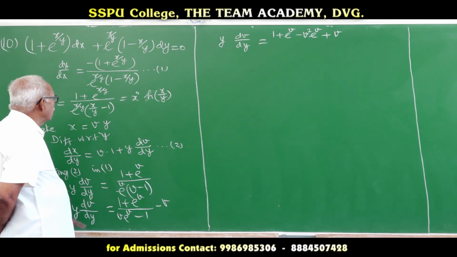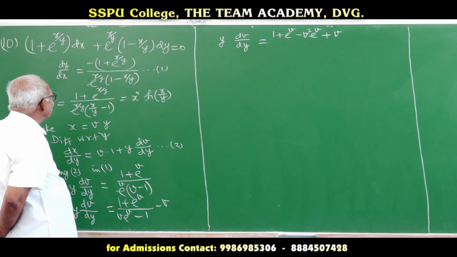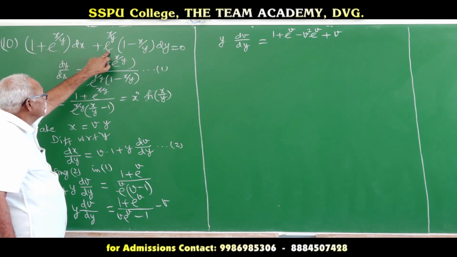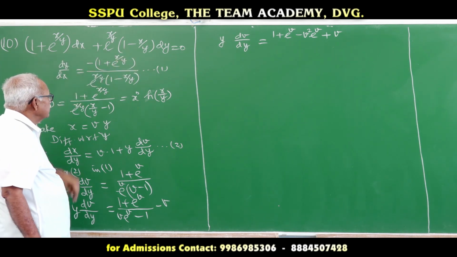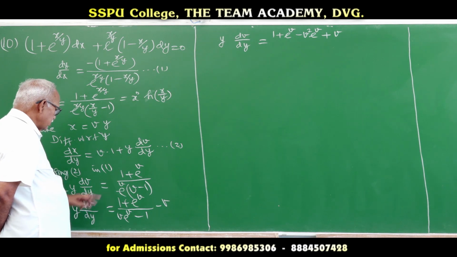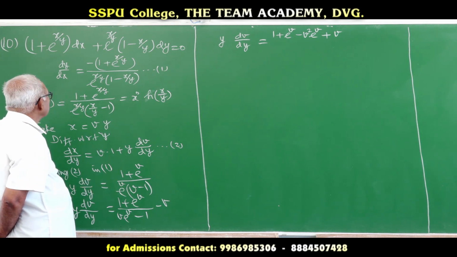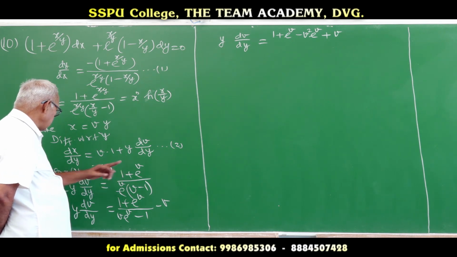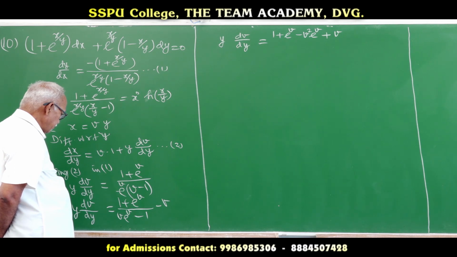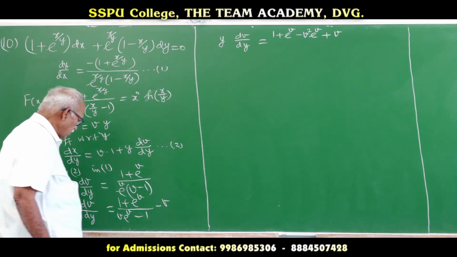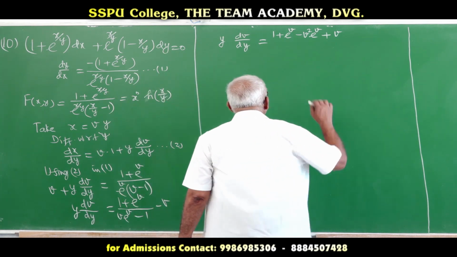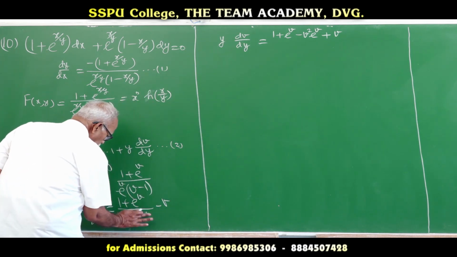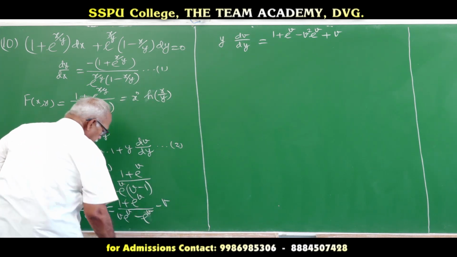So, this is 1 plus e power v, here 1 plus e power x by y dx, e power y into 1 minus v you will get. Because of the minus sign we have taken it to this side. So, dy by dx is equal to 1 plus e power v into v minus 1, e power v minus e power v.